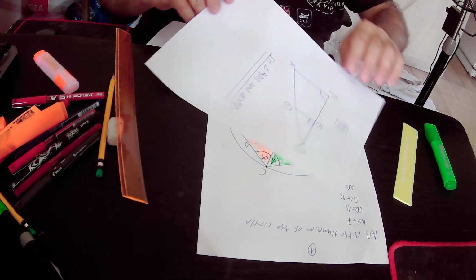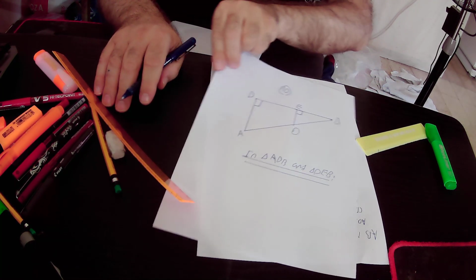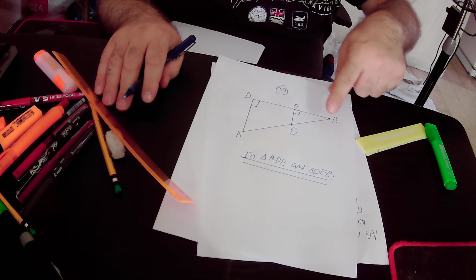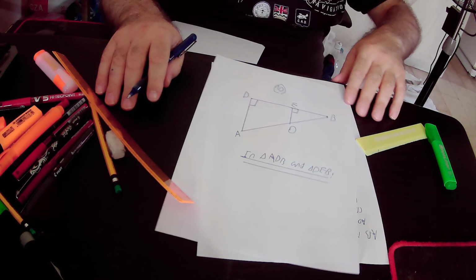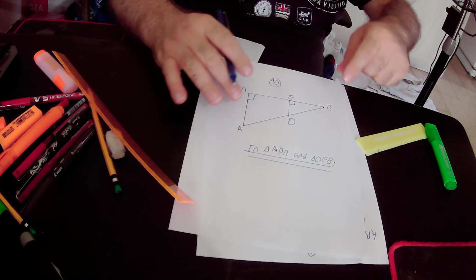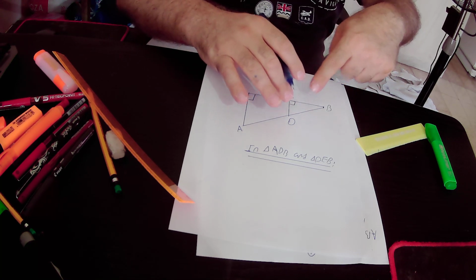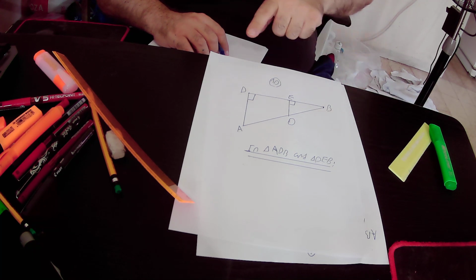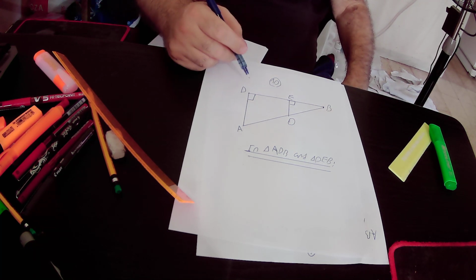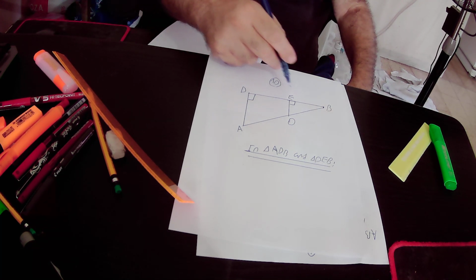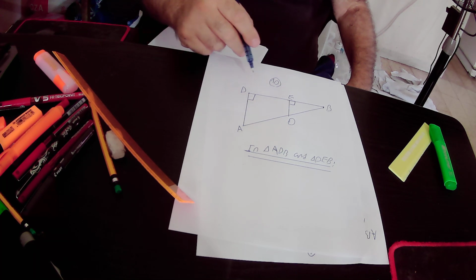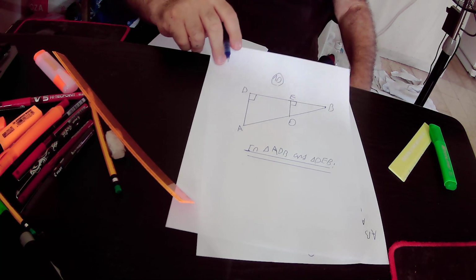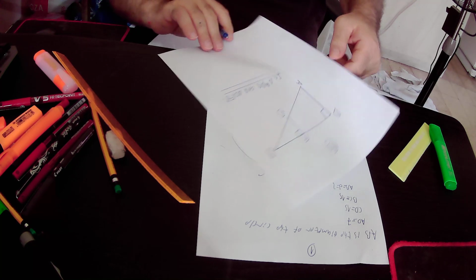Okay, we will focus on triangles ADB and OEB. The big triangle, triangle ADB, and the small triangle, triangle OEB. We know that angle ADB equals angle OEB. Both of those two angles are right angles, so they are equal to each other. Equals 90 degrees.